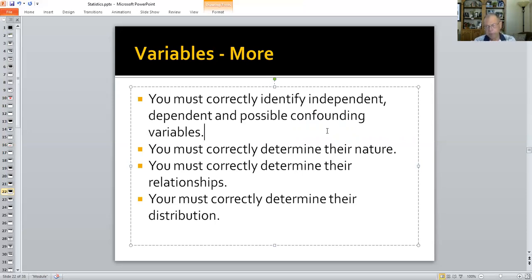The years of age and the years of employment, those can change your results. If you just look at, are you happy? Are you male, female? You get one result. But if you modify it and take into consideration you have some experience under your belt, that could change things. Okay, you must correctly identify their nature.